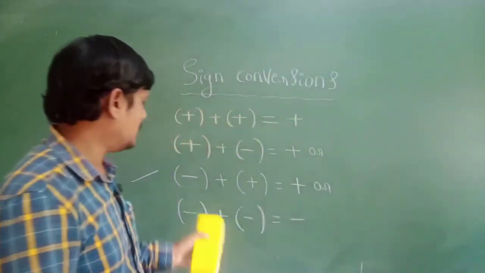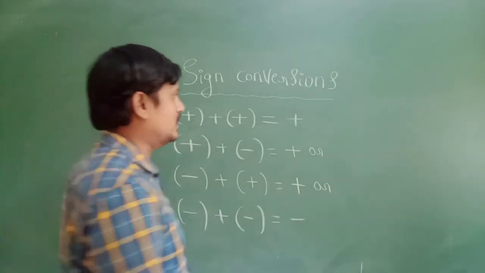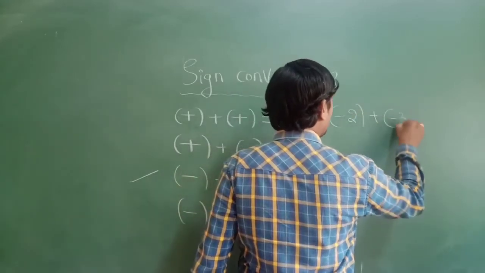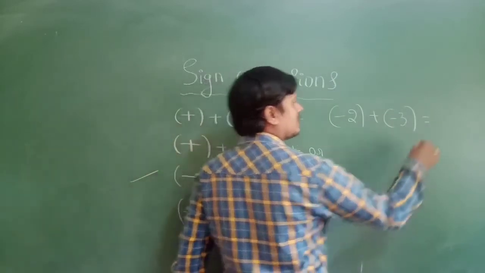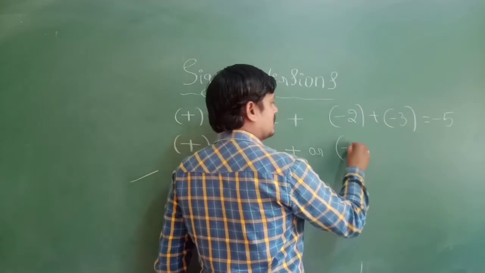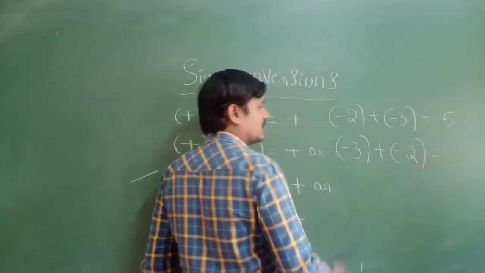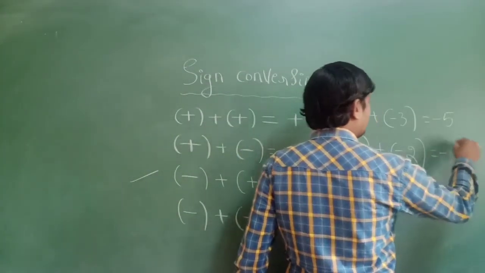If both are negative, the final answer should be negative. That is minus 2 plus minus 3, which is minus 2 minus 3. The answer is minus 5. Or minus 3 plus minus 2, the same thing, minus 3 minus 2, minus 5.